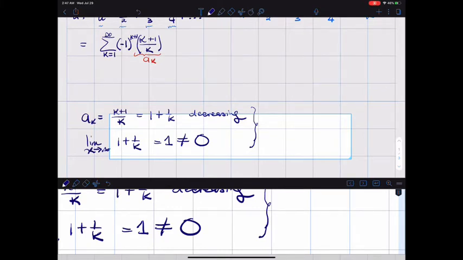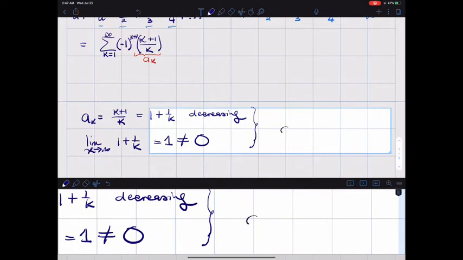It tells us that when these two things happen, when it's decreasing and the limit is 0, then it converges. It doesn't tell us that if the two of them don't hold, then it diverges. It's not if and only if. But I claim it diverges. We'll talk about it in class.